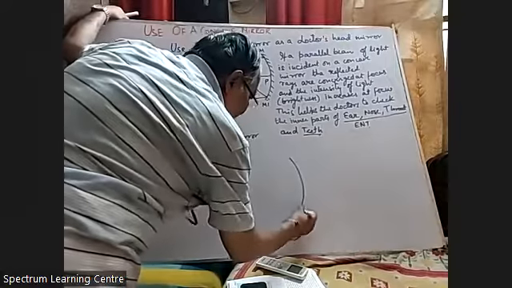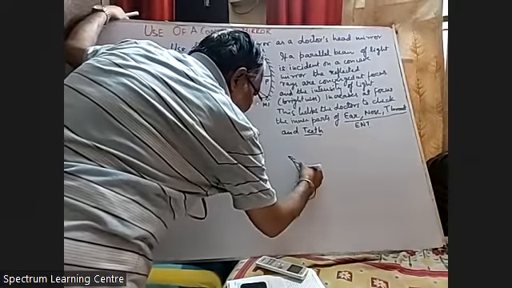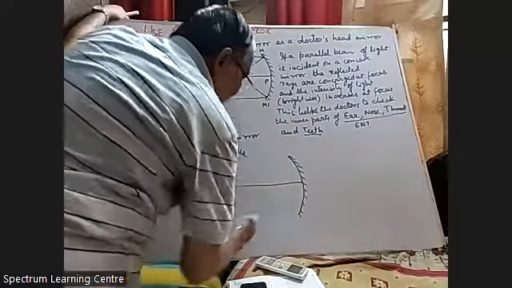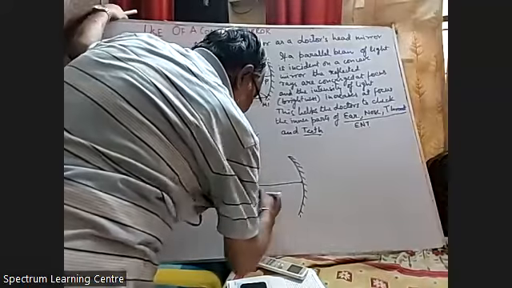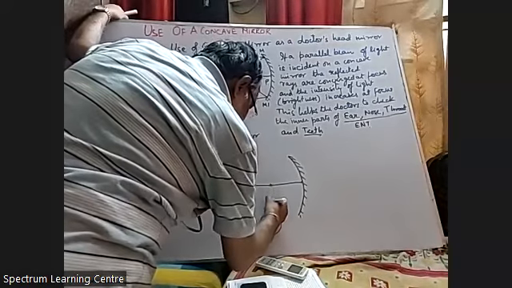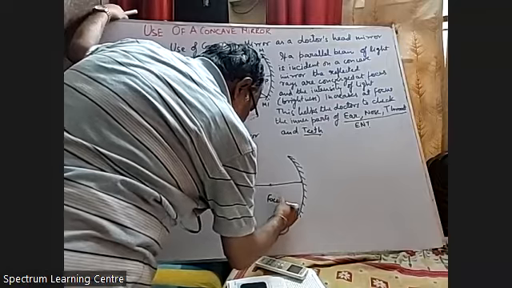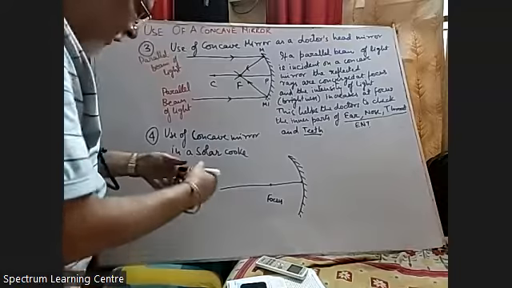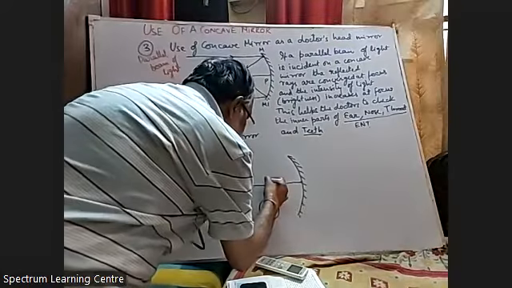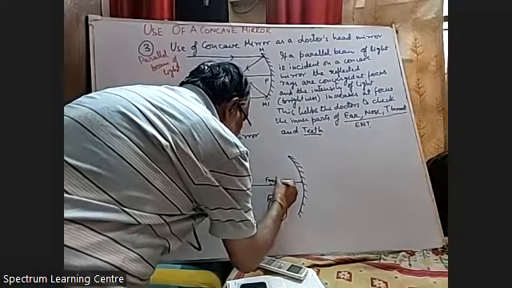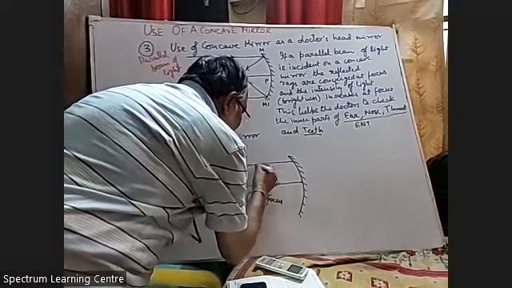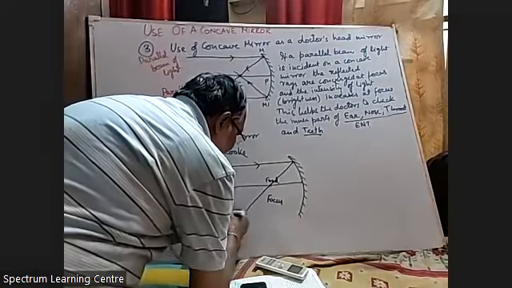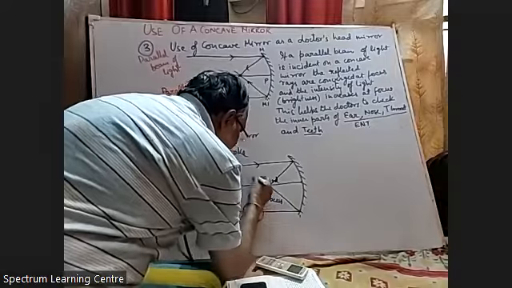This is your mirror, this is the principal axis, now this is the focus, and the food is kept here. Now what will happen? The parallel beam of light from sunlight will come here.